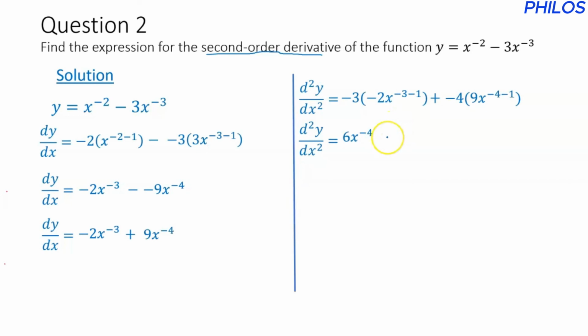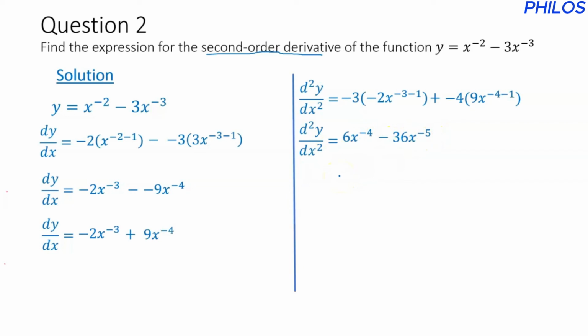Okay, so we can write minus. Now here we have negative 4 minus 1, that is negative 5. So we have 9x exponent negative 5 in the bracket. So multiply it by the 4 outside. Okay, so 9 times 4 is what? 36, isn't it? So that makes it 36x exponent negative 5. So that's the answer to this.